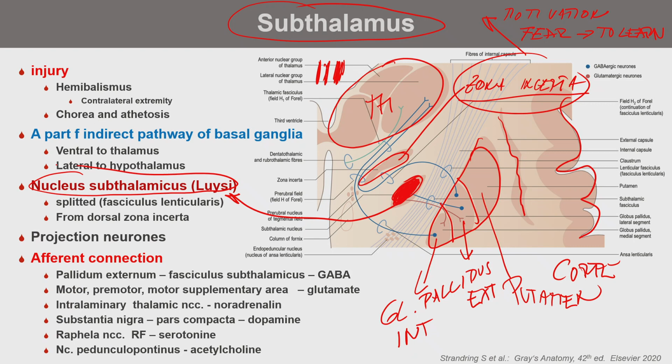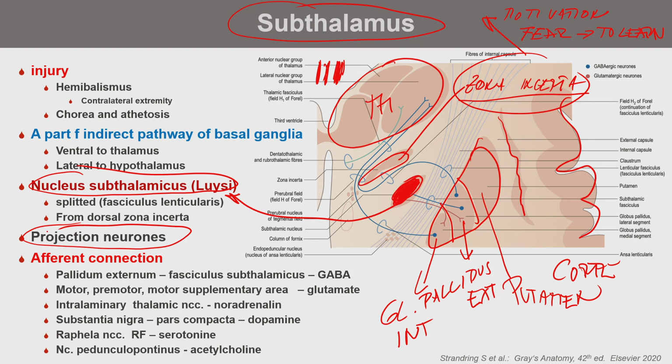Nucleus subthalamicus is split from zona incerta. It is a separate nest of neurons, and it has very important connections.